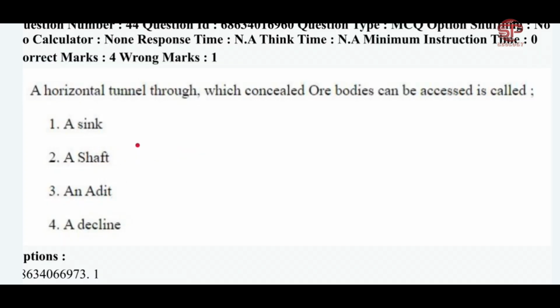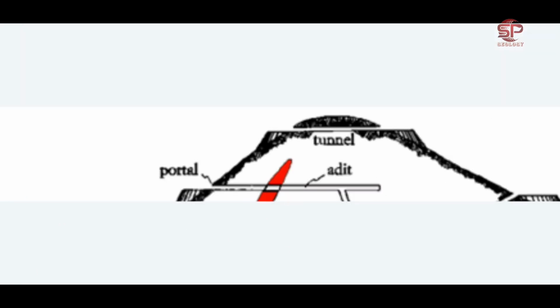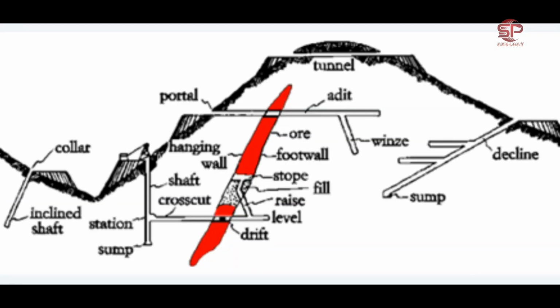The horizontal tunnel through which concealed ore bodies can be accessed. These are different terms used in underground mines. A shaft is a vertical opening, an adit is a horizontal opening, and a decline is an inclined opening. They all give access to the ore body, but the horizontal concealed access is your adit. You can see in this diagram, this is our ore body.